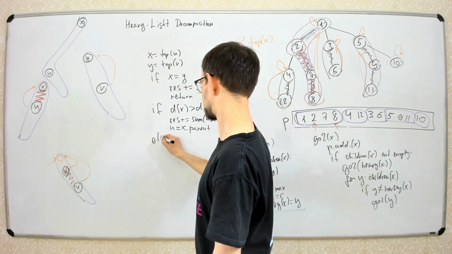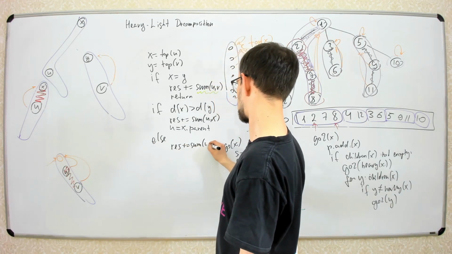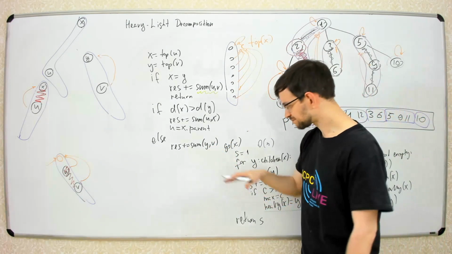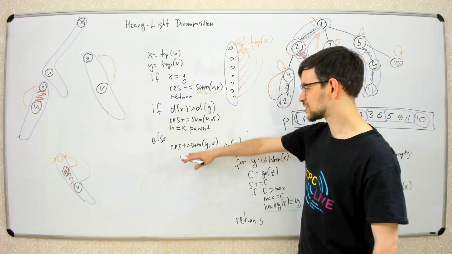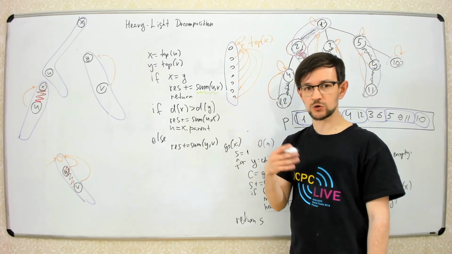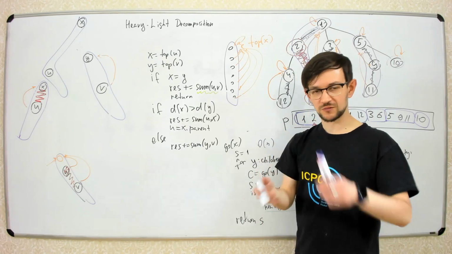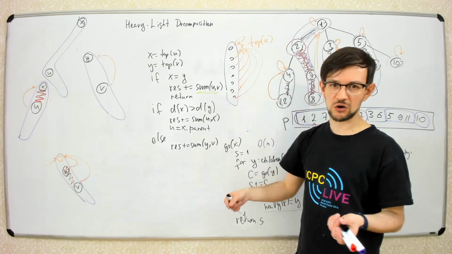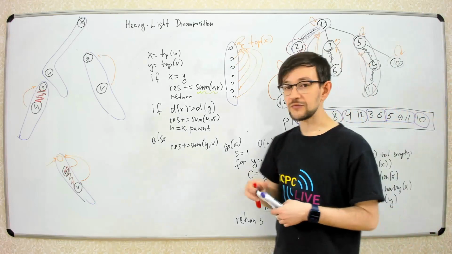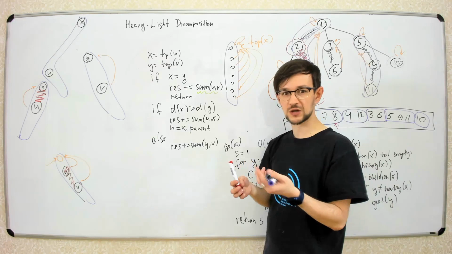So else you add from Y to V to your result. Actually, I just say sum and plus because I calculate a sum. If you have some associative function, you actually need to take care about the direction of your path, because an associative function is not always commutative.